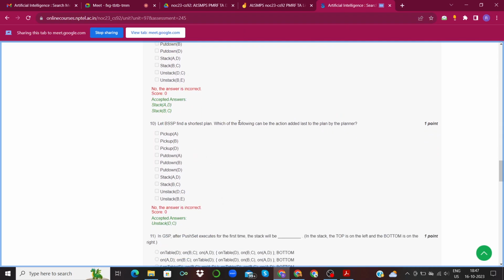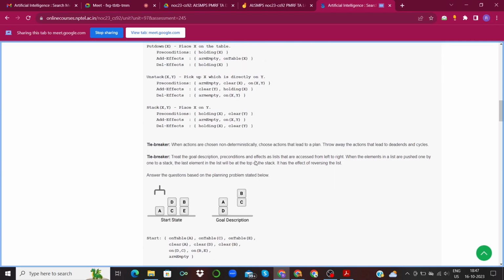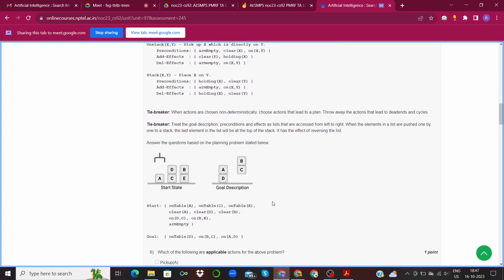Okay. So the 10th question is, let BSSP find the shortest plan. Which of the following can be the action added last to the plan by the planner? So the last action that would be added would essentially be the first action that could be added if we moved in the forward direction, right?